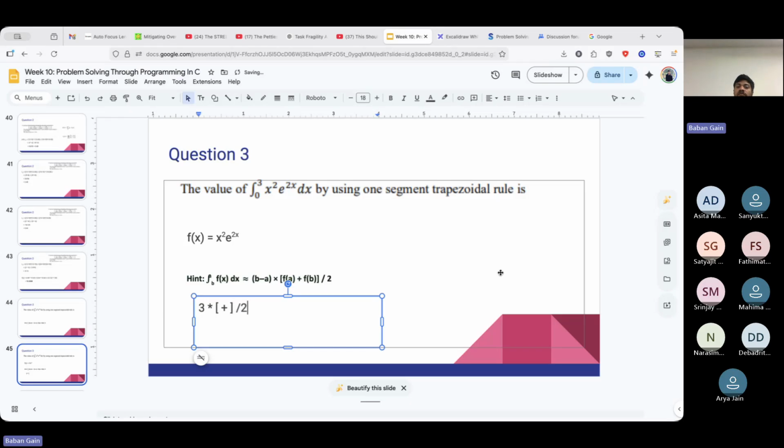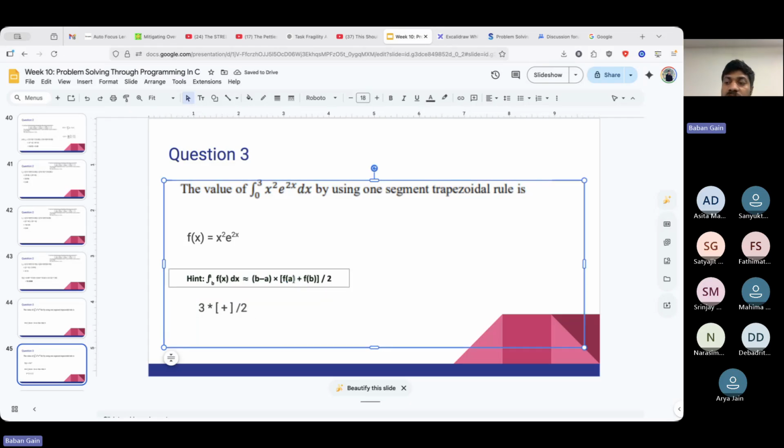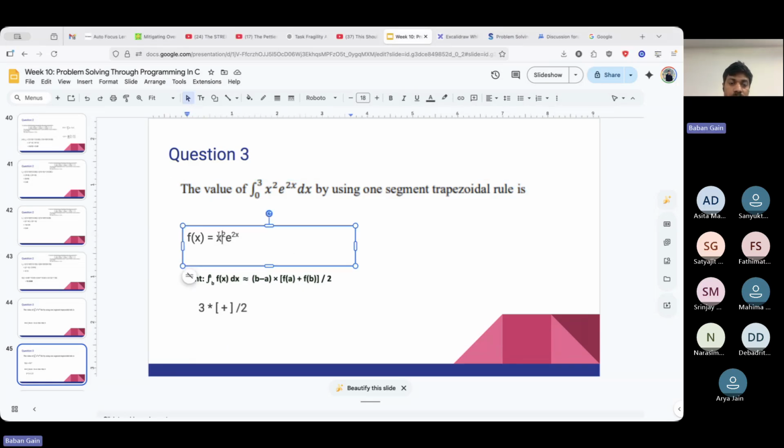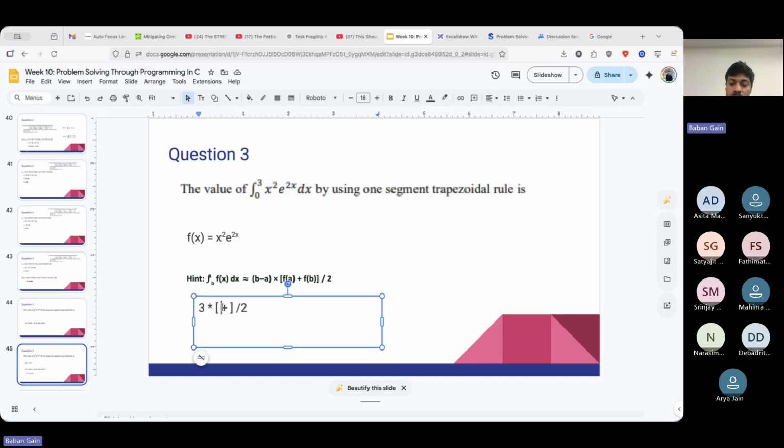So I need to calculate F of A and F of B. So what is the value of F of A? So basically, if you just put 0 here, X square is 0 into 0 is 0. So any value comes here, it will be 0. So this part is 0.